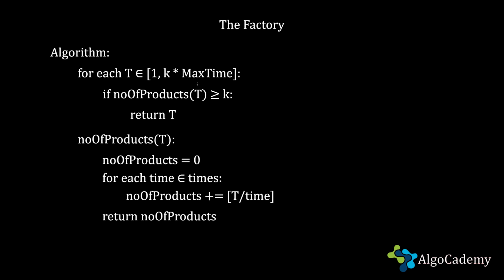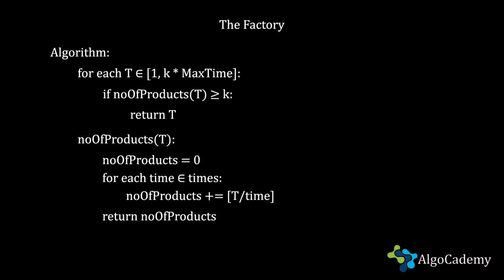That's not important. We are trying out each moment of time, right? So t equals 1, t equals 2, t equals 3. And for each value of t, we are going to see, is this value enough? In order to check that, we will call the function number of products, which we have defined here. If number of products of t, which means again, how many products all the workers will be able to pack in the amount of time t, is greater than or equal to k, then we just return t, right?